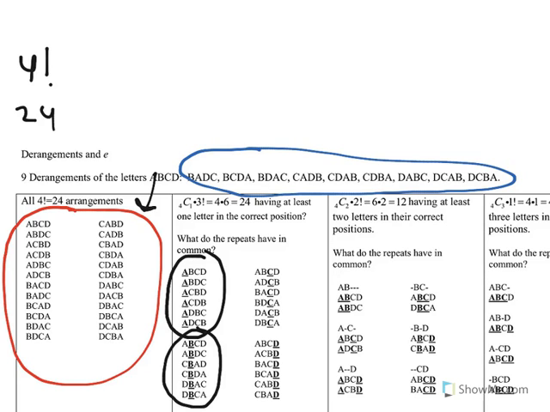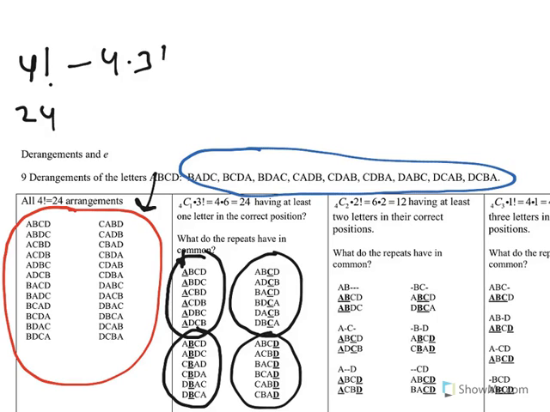And the issue is that there have been repeats here. For instance, ABDC has A in the right place and B in the right place, so ABDC is here also. Whereas ADCB has A and C in the right place, and you can see it over here.